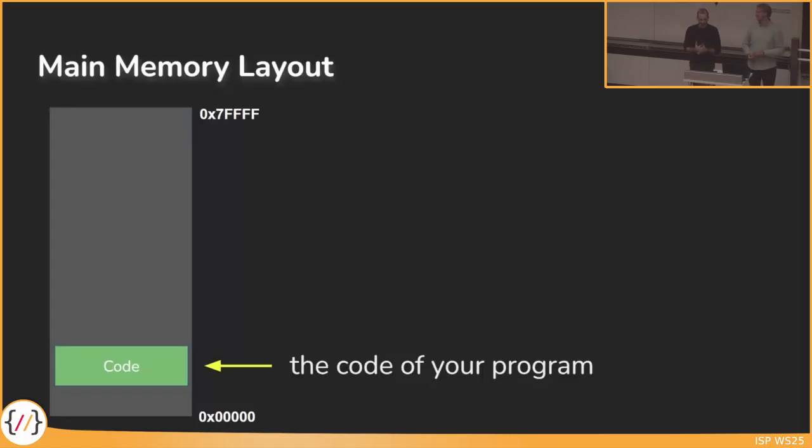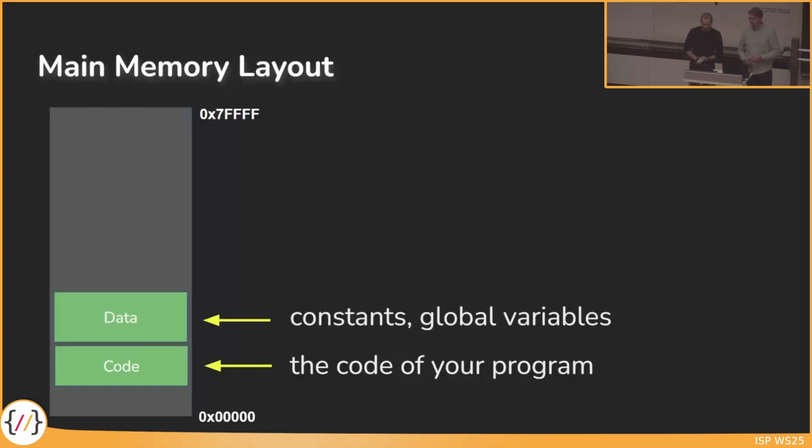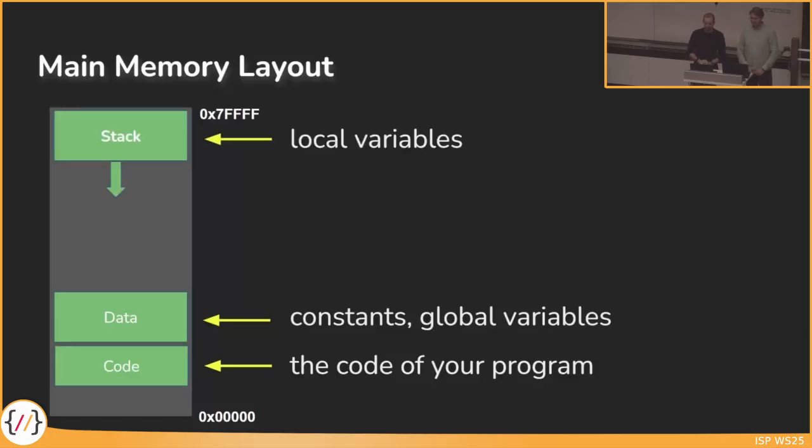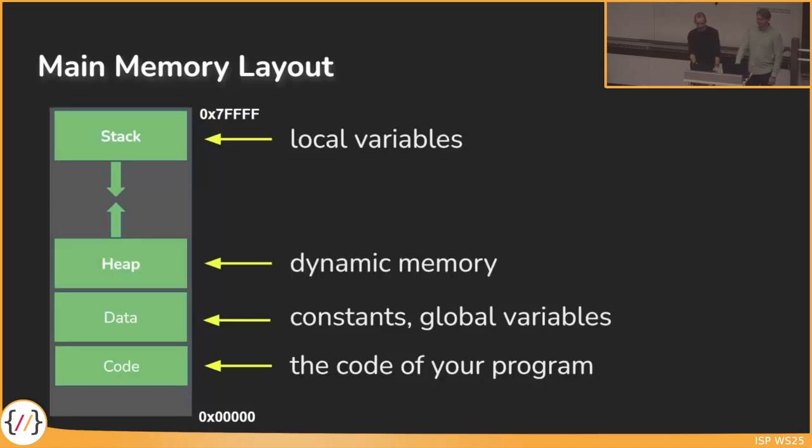So this is where your actual program is stored to be executed. Then you have the data segment. Here you have constants or global variables. Then we have the stack, which we have used a lot, or I would say 99%, where local variables are stored. And then there is the heap for the dynamic memory we will discuss now in a few slides.